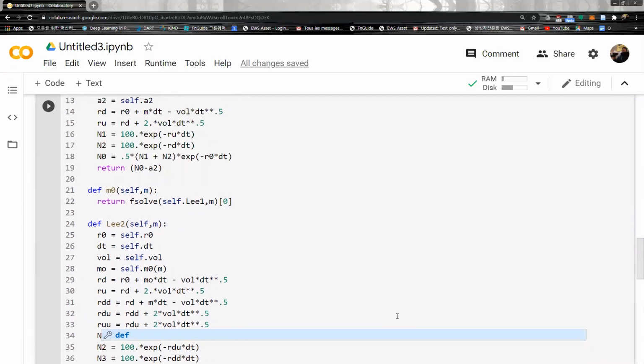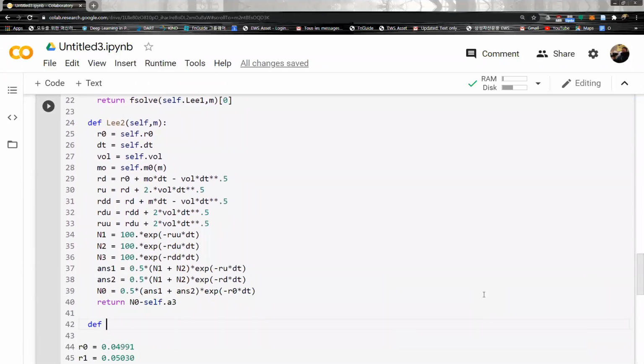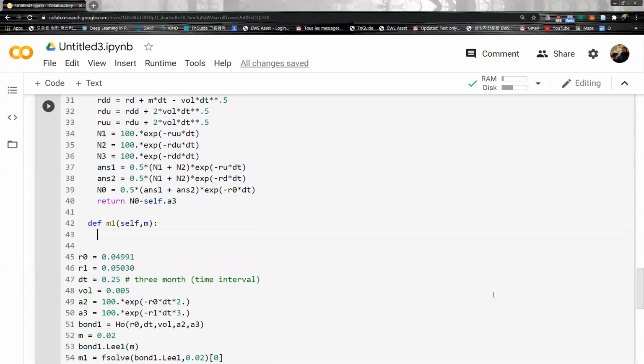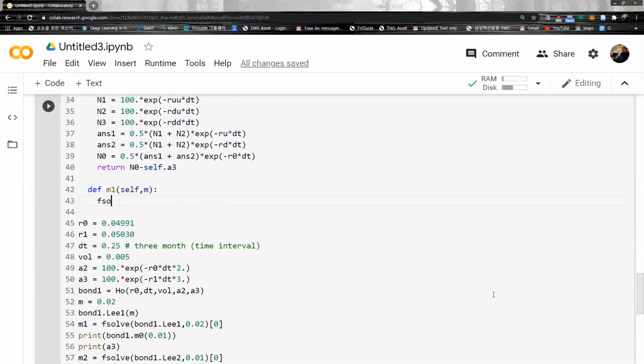So definition, define function. Now it is M1, and then self, M, and then we can do fsolve, return fsolve, and then self Li 2, right?